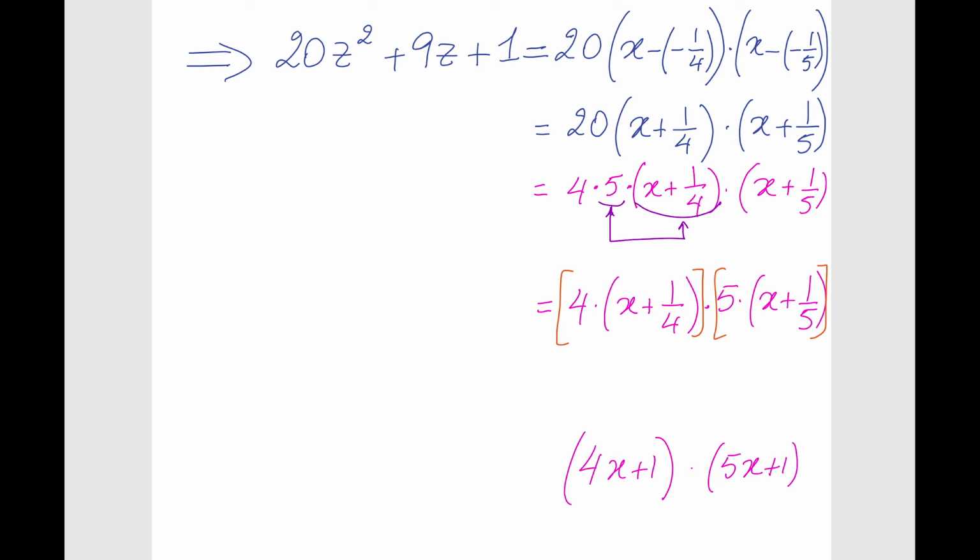What's 4 times x plus 1 over 4? Isn't this one? Because 4 times x is 4x, and 4 times 1 over 4 is 1, right? And isn't this guy this guy? 5 times x is 5x. 5 times 1 over 5 is 1. So they are the same then.